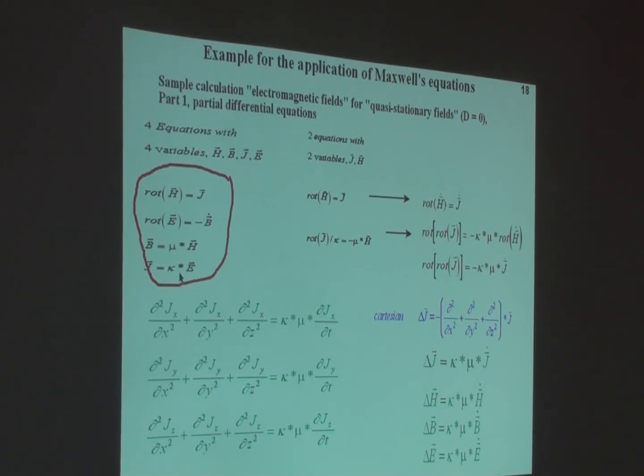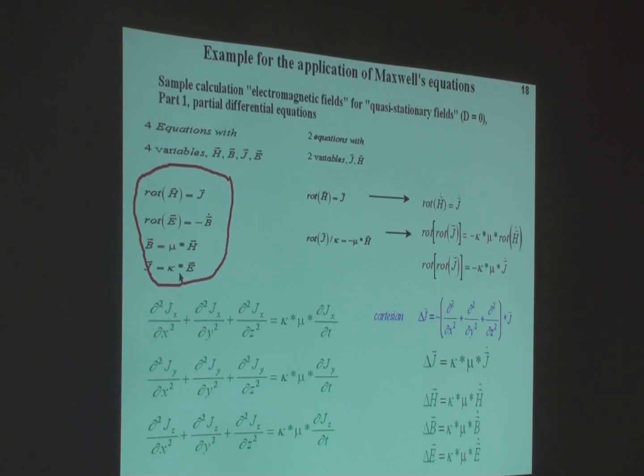I don't know if you have the rotation or the Laplace sign in Korea. In Germany, the physicists use the Laplace sign, and we have divergence, gradient, and rotation. Do you know these vector operations?